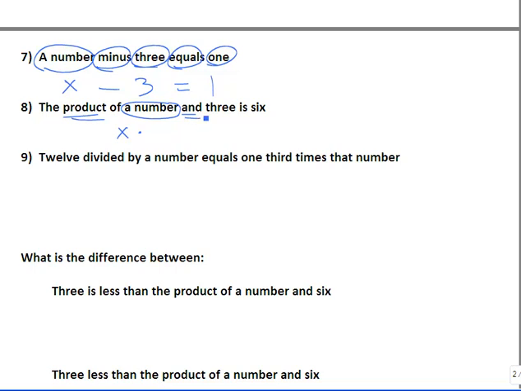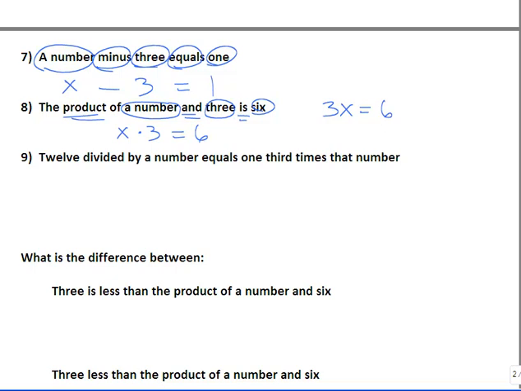Whatever comes after the word "and," which in this case is 3, comes after the multiplication. The word "is" translates into an equal sign, and 6 stays 6. So we get x times 3 equals 6. There's nothing wrong with that answer, but if we want a cleaner, sharper answer, we would probably want to put the 3 in front of the x, so we could write this as 3x equals 6.